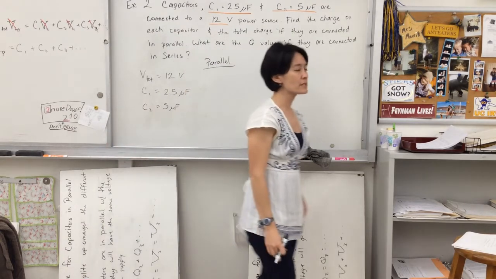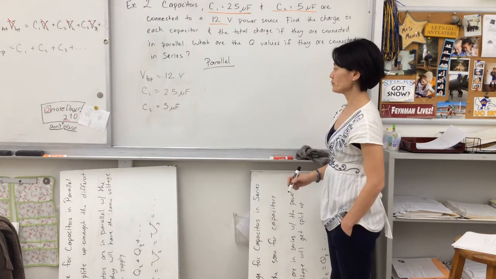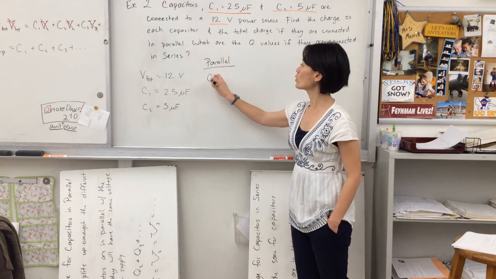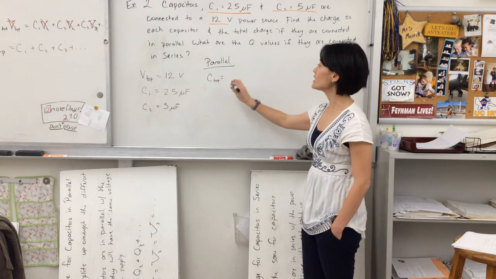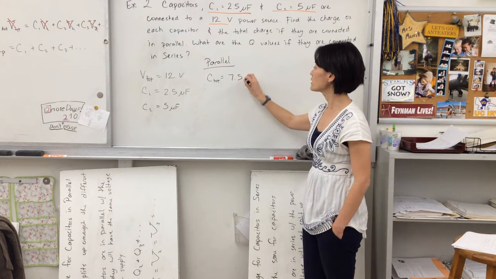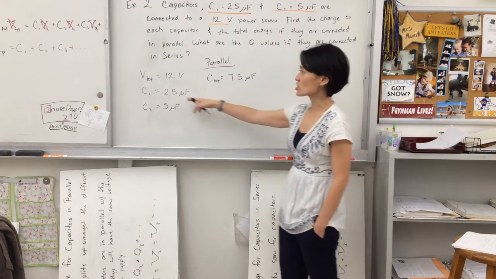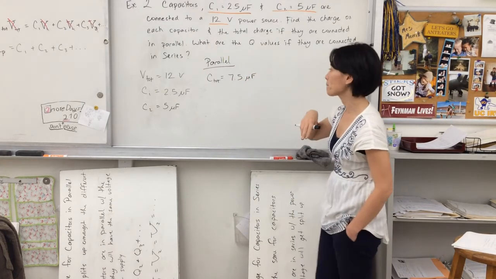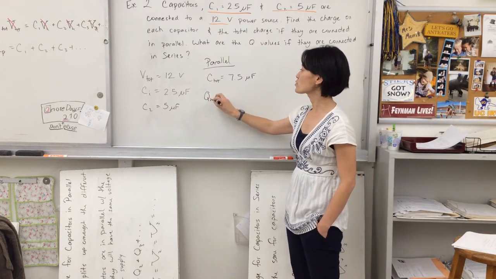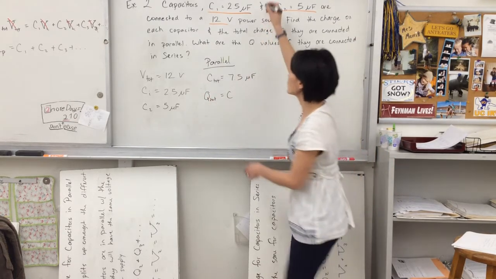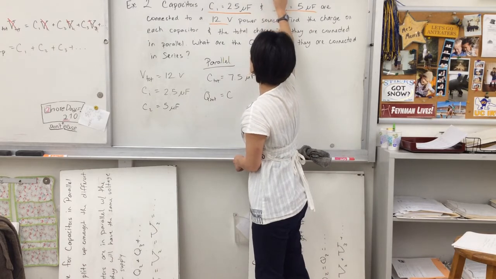For the parallel case, I know that my total capacitance for capacitors in parallel is 7.5 microfarads because they just add up. Capacitors in parallel just add up. And if I know my total capacitance, I know that Q is always equal to CV.